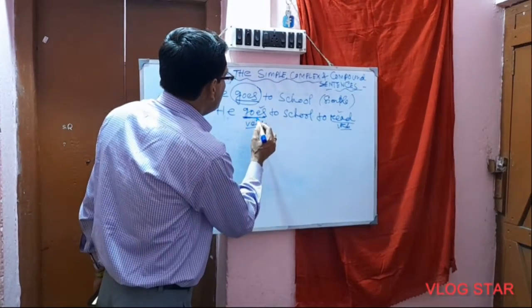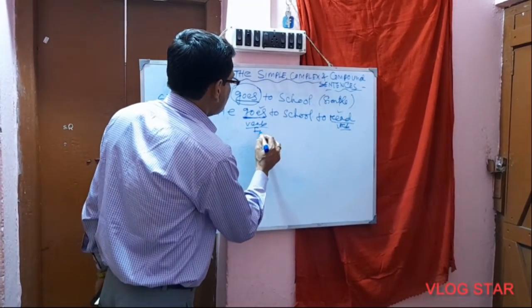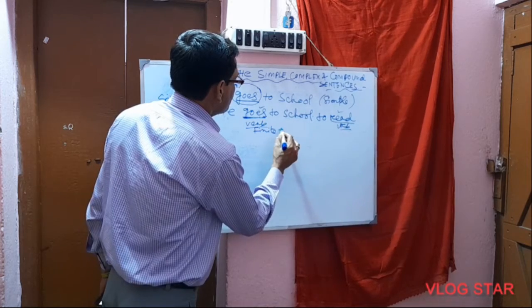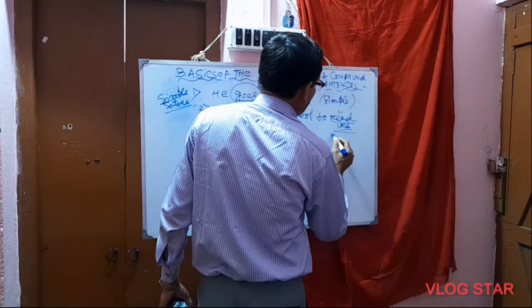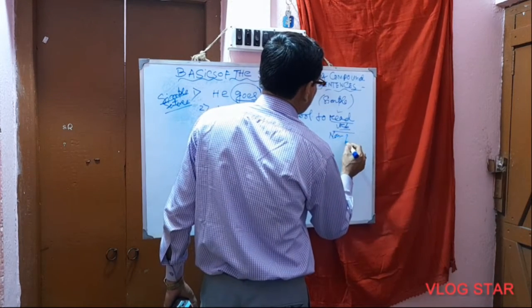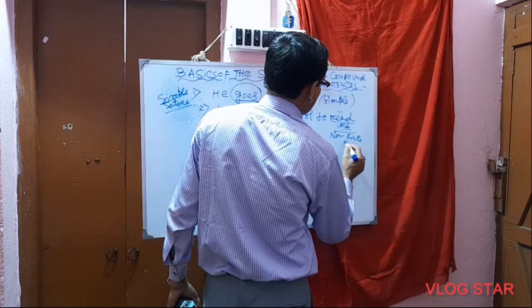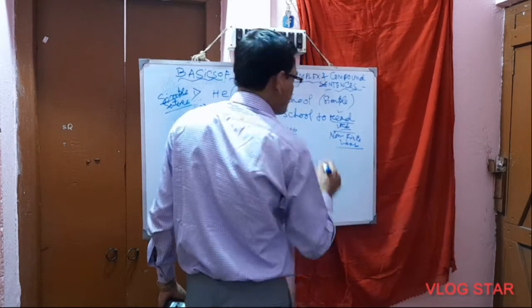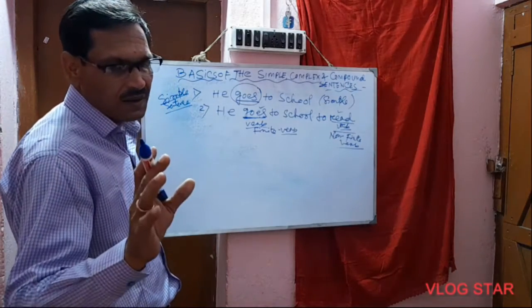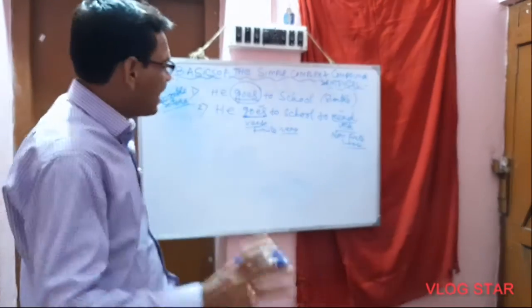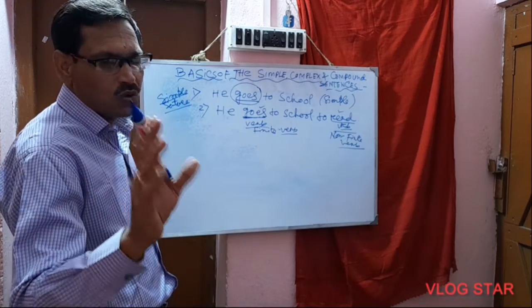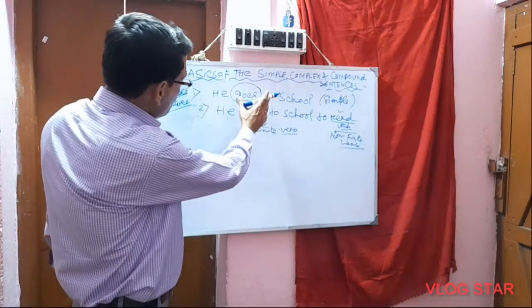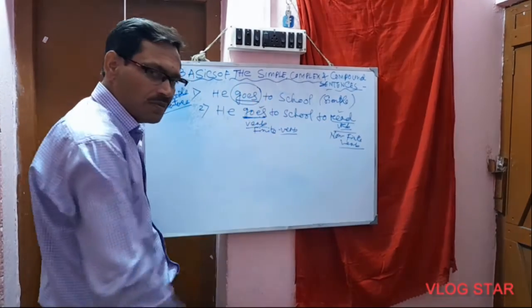So it is a finite verb, and it is a non-finite verb. Now you understand what is a finite verb and what is a non-finite verb. And a simple sentence must contain only one finite verb, not more than that, as you see on the blackboard.